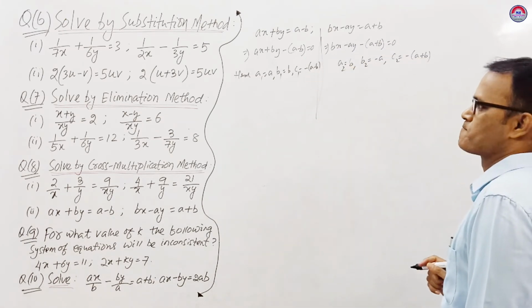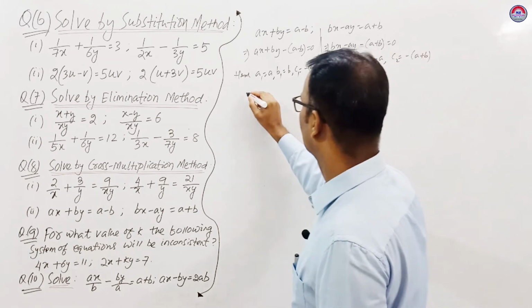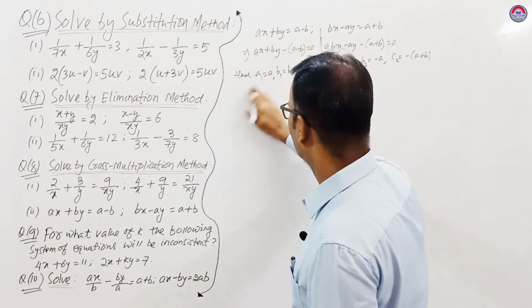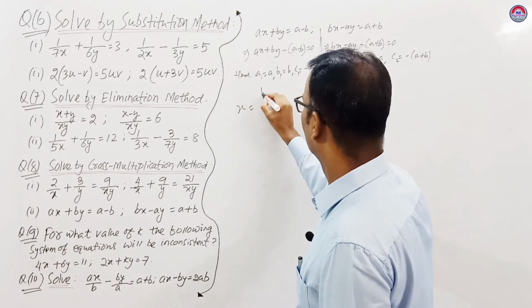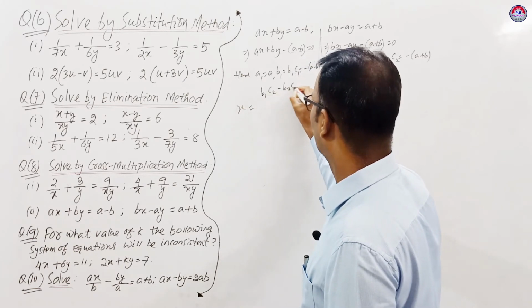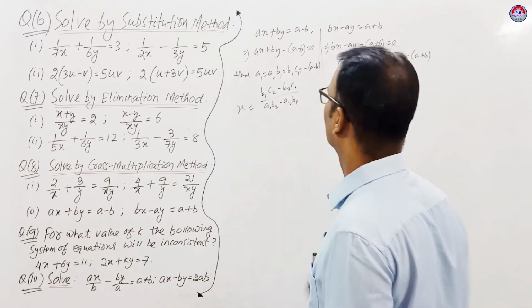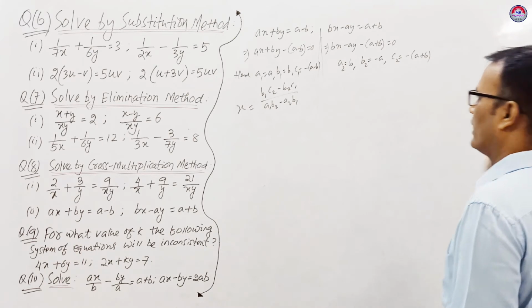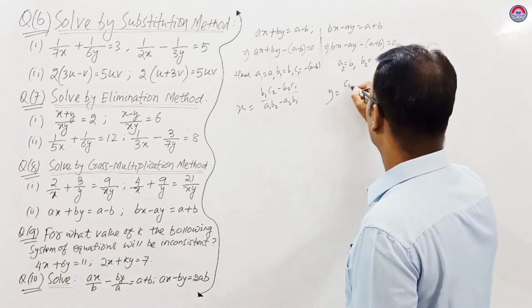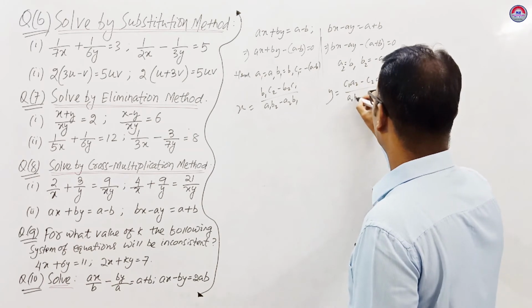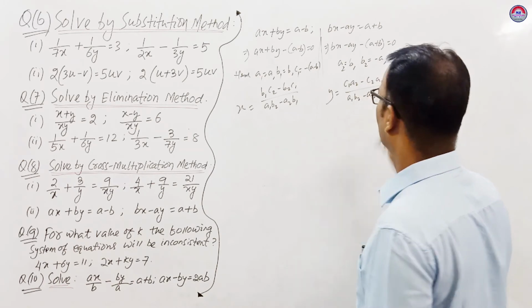You see the formula is x equal to b1 c2 minus b2 c1 by a1 b2 minus a2 b1. Then y equal to c1 a2 minus c2 a1 divided by a1 b2 minus a2 b1.